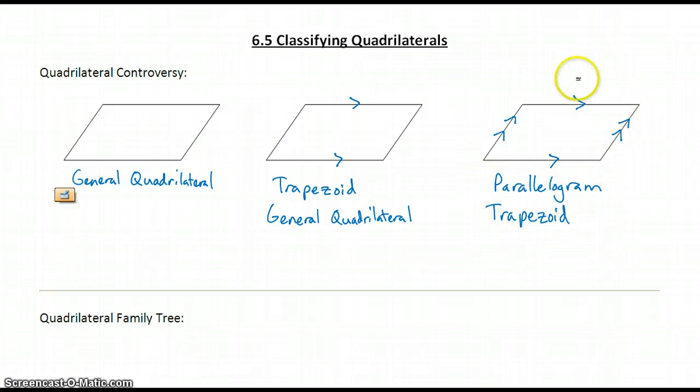This definition is the inclusive definition, and it's the definition that we're going to use in this class. So this shape is a parallelogram, it's also a trapezoid, and it's still a general quadrilateral. Since we are using the inclusive definition, this shape is all of these things.